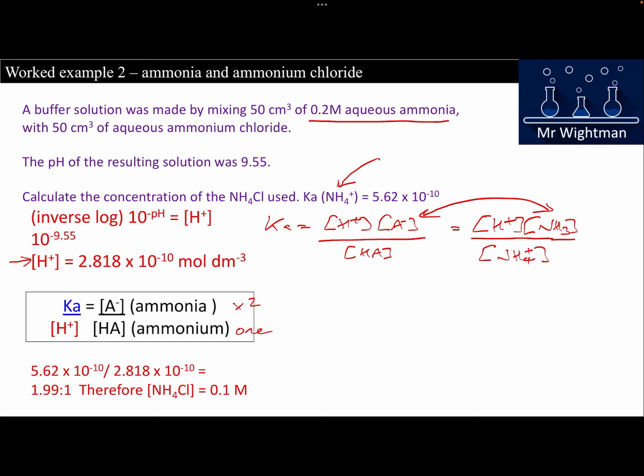So ammonium chloride has to be 0.1. And however we want to mix that in total volume, the question here is asking for 50. So we need twice as much ammonia compared to ammonium chloride in order to achieve that, to get a pH of 9.55. All that matters is that ratio. And in the exam question, you'll see how to do that with the context applying to the volume.